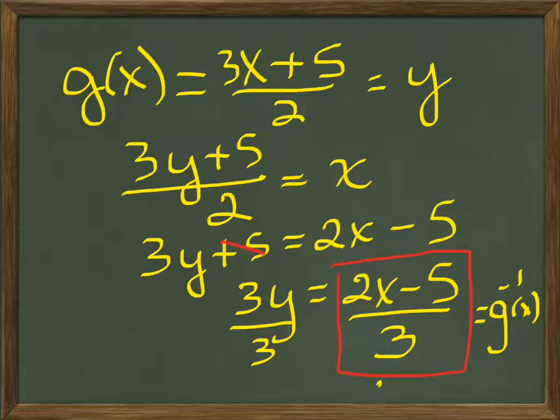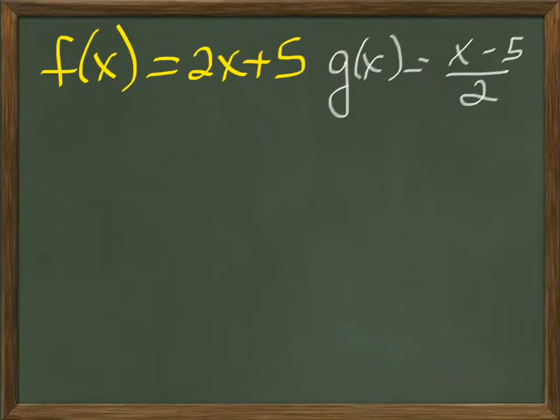Again, this inverse is a function. So (2x minus 5) over 3 is an inverse function for g of x. If we are given two functions, such as this situation, and we want to know if these two functions, f of x and g of x, are inverses of each other, we can use composite functions that we learned about in the last video to find out.